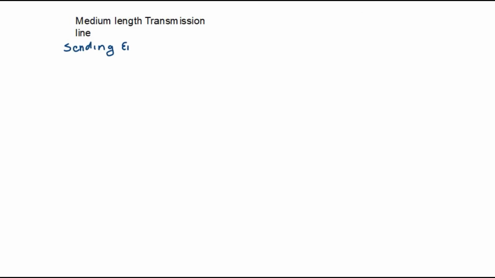Now let's calculate the sending end power factor. This is equal to the voltage at the sending end angle minus the current at the sending end angle. This is 4.16110.963 degrees minus 24.737 degrees.